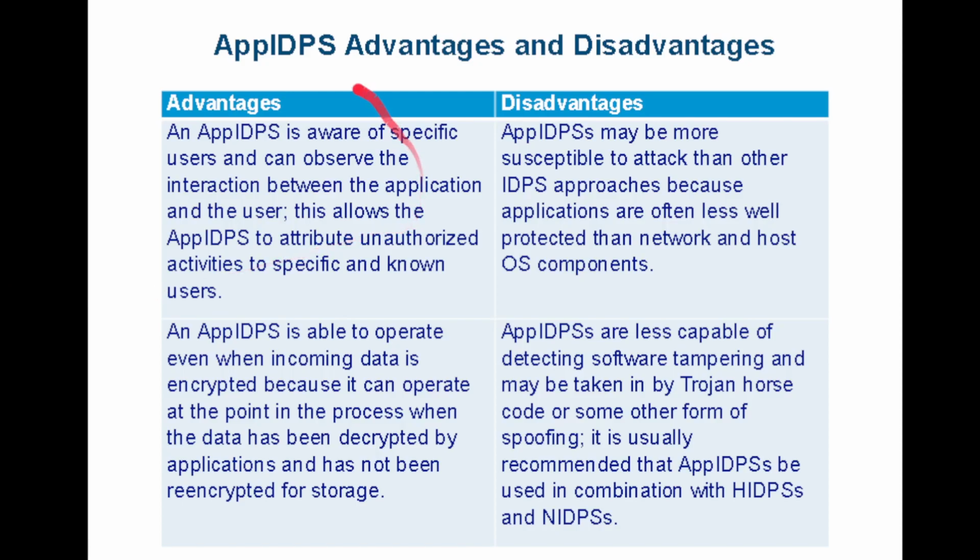Okay, the advantages, they can watch for specific things, specific users, but they may be more vulnerable to attack. Can operate when the data is encrypted because at the point of the application, data is getting decrypted. May be vulnerable to a Trojan horse type thing. Something got through and messed with the application IDPS.